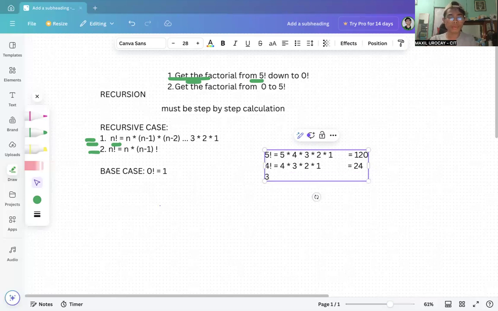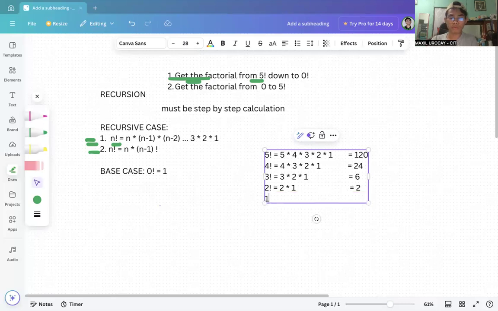And the factorial of 3 equals 3 times 2 times 1, which equals 6. And for 2 factorial equals 2 times 1, it will become 2, right?